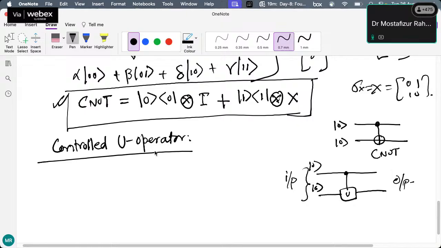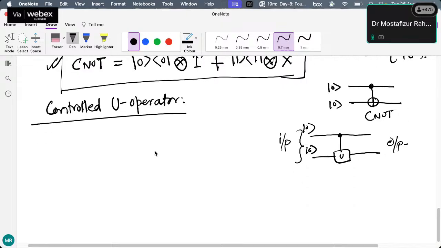So the purpose of the unitary operator is, if the first qubit is 0, it does nothing to the second qubit. If it is 0, 0, for example, it does nothing. It will remain 0, 0.